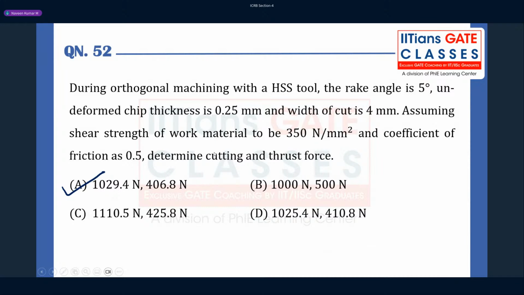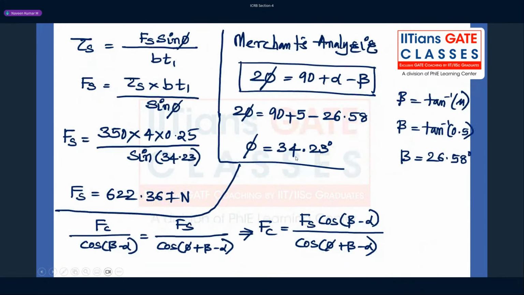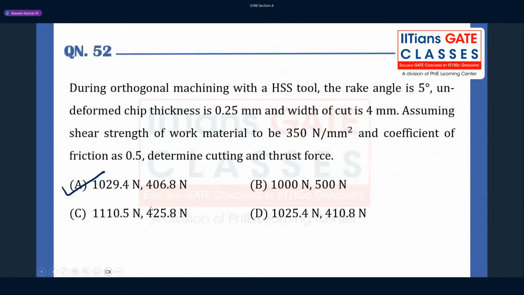It's a lengthier one, and if a calculator was not provided for this question, there is no point in them giving the question in the examination. Without a calculator, see how intensive the calculation is. Sine, cos, you don't know approximate values, and the options are very close: 1029, 1025.